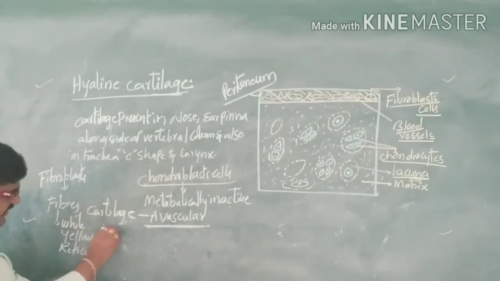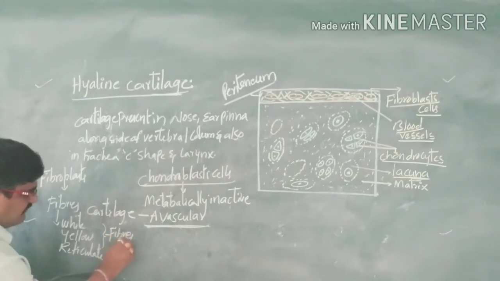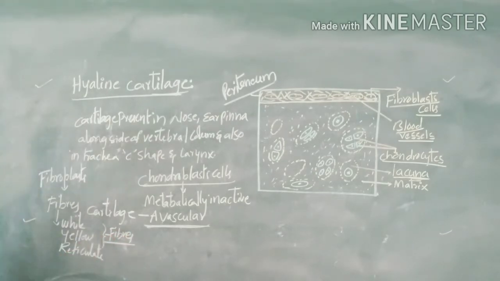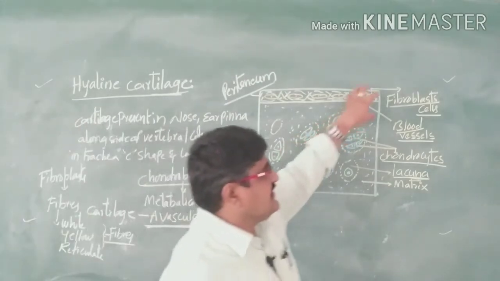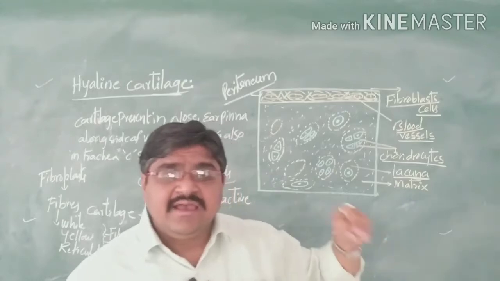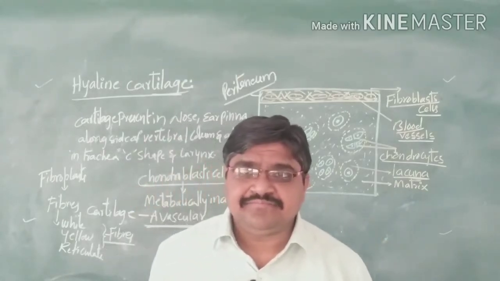That means three types of fibers are secreted by the fibroblast cells. But these fibers are not visible in the cartilage.